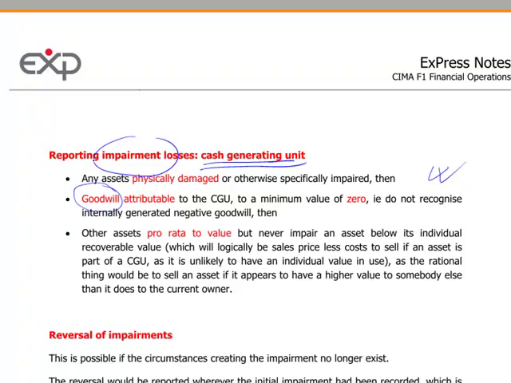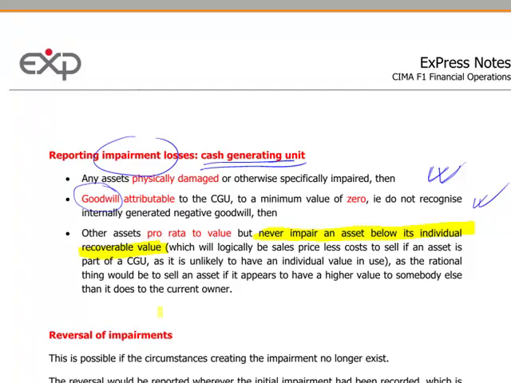And if there is still some impairment left after you allocate it to the value of the item damaged and basically made any potential goodwill disappear, any remaining impairment loss you will allocate on a pro rata basis to the value of your assets. But remember, very important: never impair an asset below its individual recoverable amount. Make sure when you practice questions, you pay attention to this. Never impair an asset below its individual recoverable amount, okay?